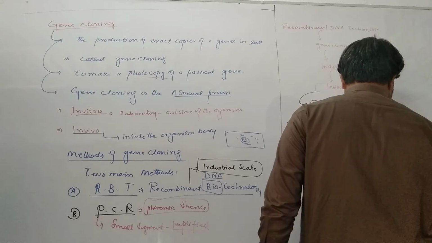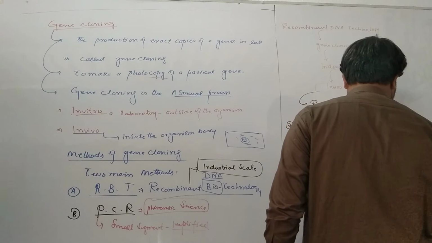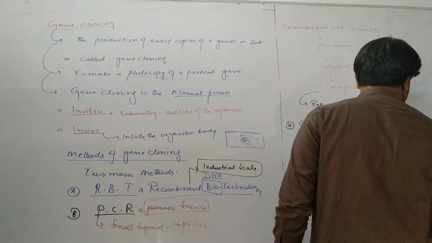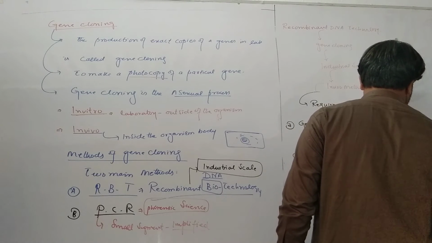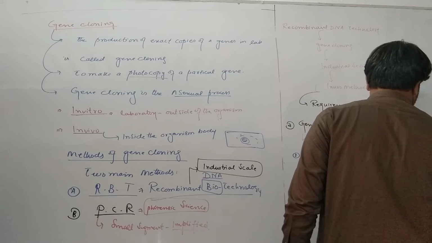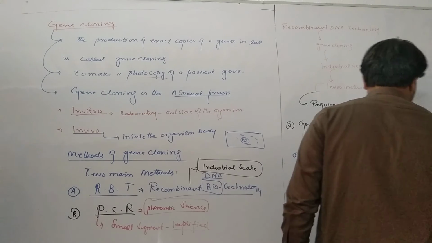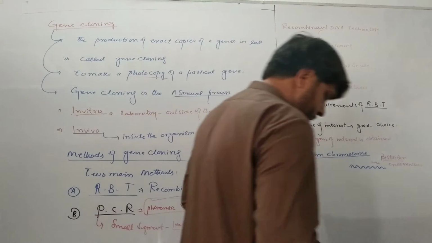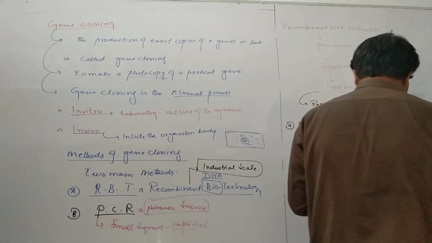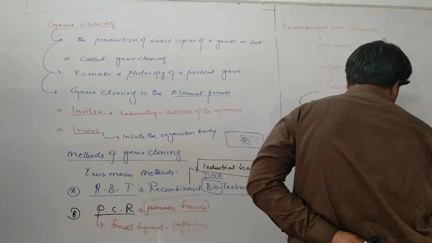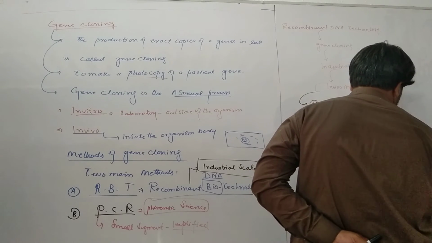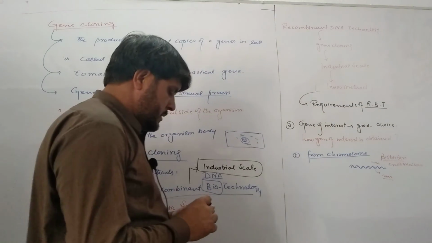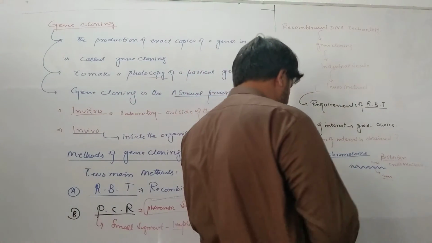When we apply particular enzymes which are called restriction endonucleases. When we apply the restriction enzyme on this particular chromosome or DNA, the gene of choice is obtained. It is the most common method which is used in laboratories.